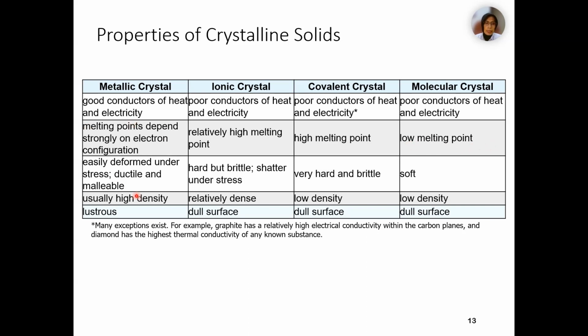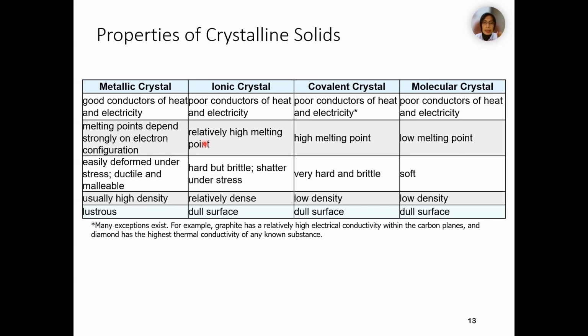Metallic crystals are easily deformed under stress, because the electrons help keep the cations bonded to each other, so they are ductile and malleable. Ionic and covalent crystals are usually hard and brittle, but molecular crystals are very soft because of the weak bonding. Metallic crystals usually have high density because they are highly packed.